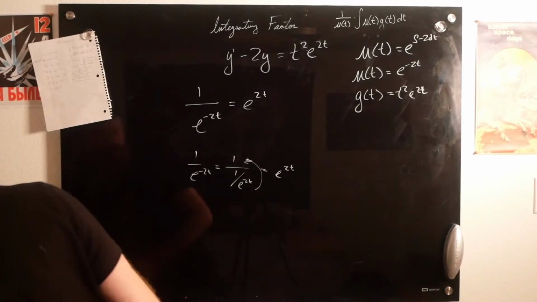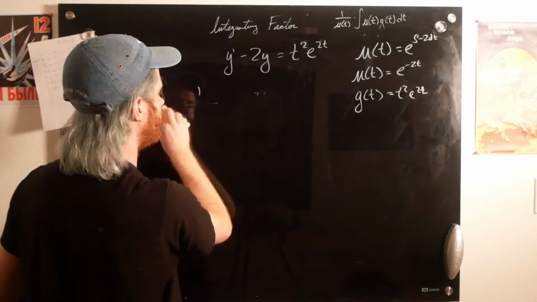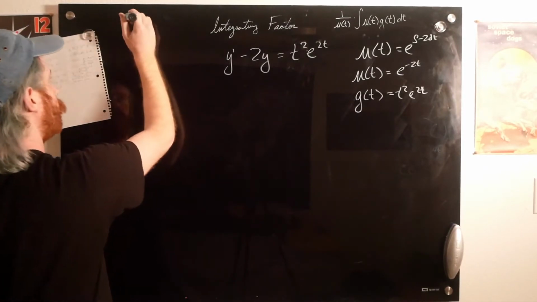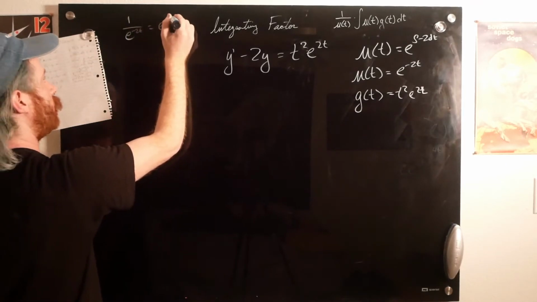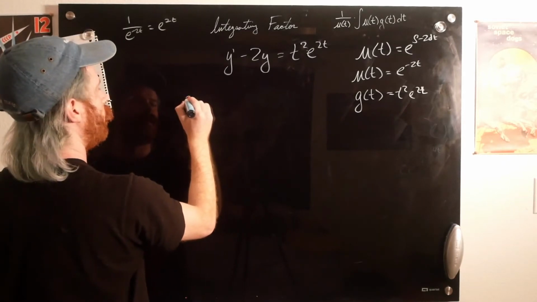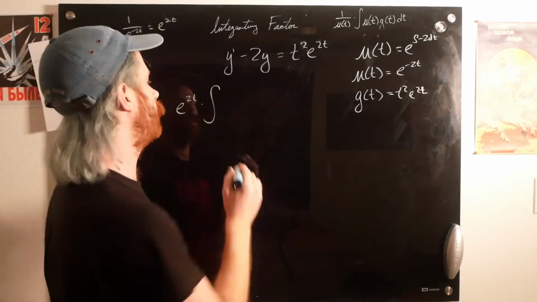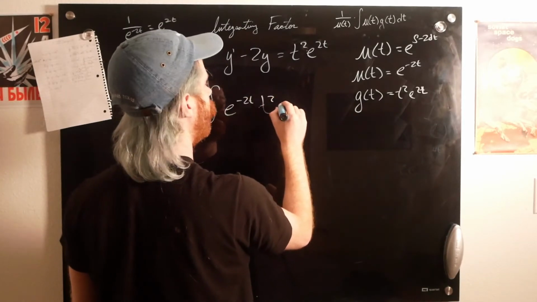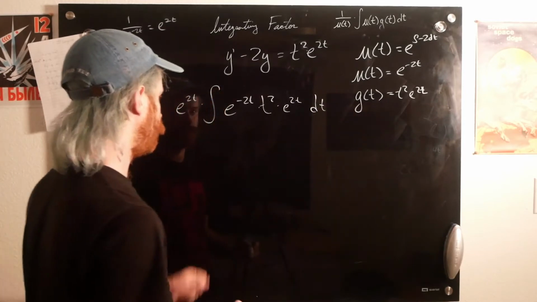I'm going to write this to the side just so I don't get confused. So e to the 2t times the integral of mu of t, which is e to the negative 2t, times g of t, which is t squared times e to the 2t dt.